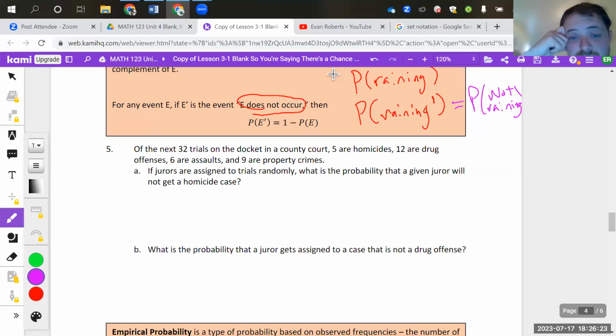So there's 32 trials, 5 homicides, 12 drug charges, 6 assaults, and 9 property crimes. And the jurors are assigned randomly. And so what's the probability that a given juror will not get a homicide?